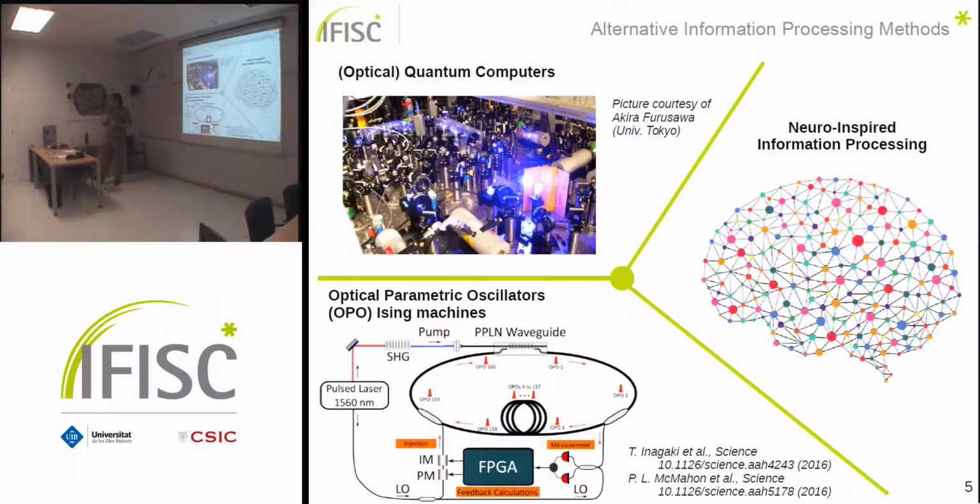We have around 100 billion neurons in our brain. They are connected on average to hundreds of other neurons. So it's reasonable to think that if we build a network of nonlinear elements connected with each other, heavily connected with each other, we could perform also information processing. And this is where this kind of techniques come in.